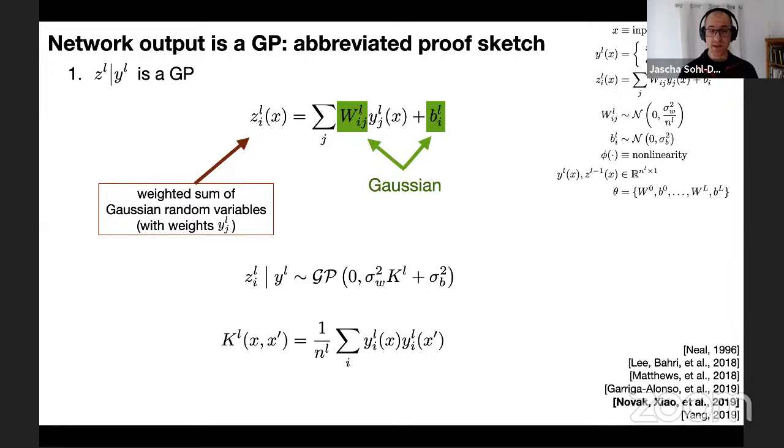Since KL is the covariance matrix before the affine transformation, you can think of the covariance matrix of the Gaussian process, or the kernel of the Gaussian process, as transforming KL by however it changes due to the affine transformation.